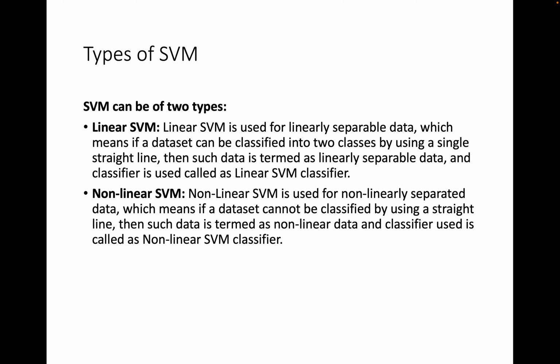If the data cannot be classified by using a straight line, then such data is termed non-linear data, and a non-linear SVM classifier is used. So if you cannot divide the two classes by drawing a straight line, you have to use non-linear SVM.